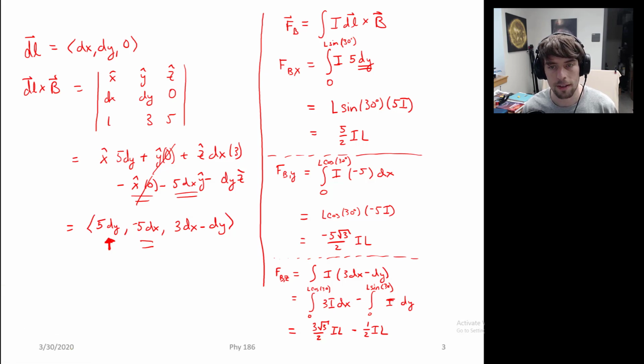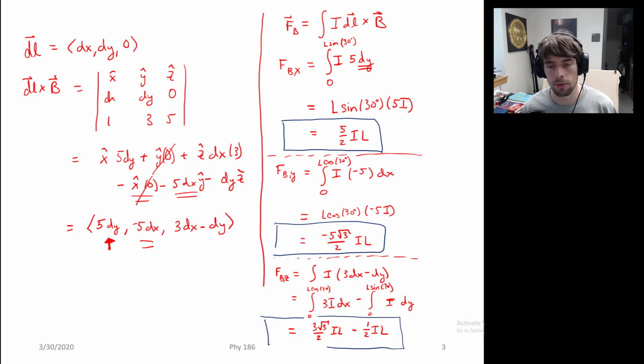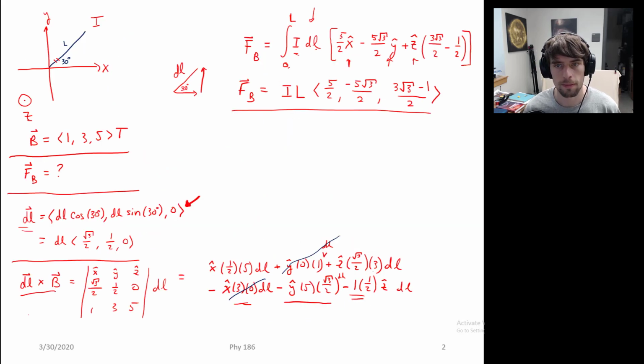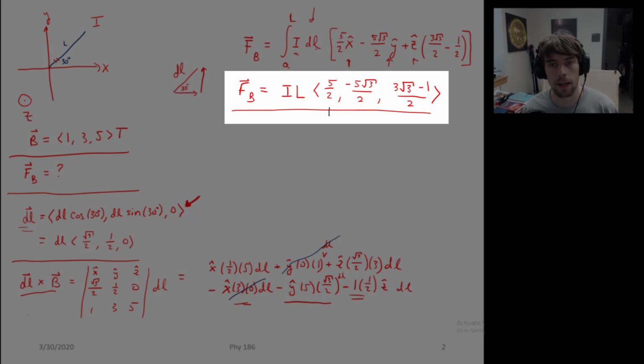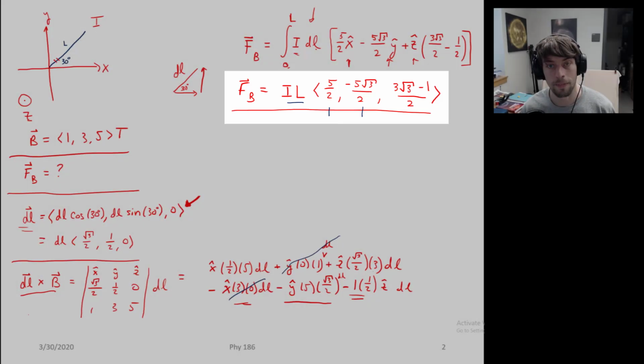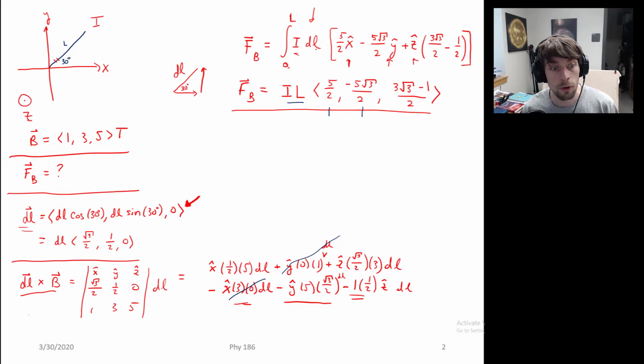And notice the 3 pieces that we have, I'm circling them in purple. These 3 should match what we had in the previous problem: 5/2 IL, -5 √3/2 IL, 3 √3 minus 1/2. So it works out either way.